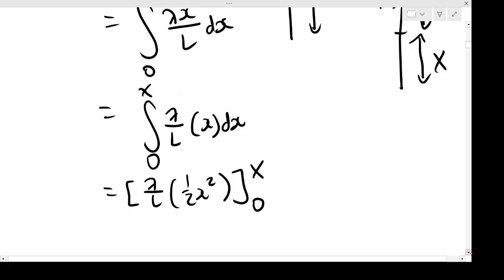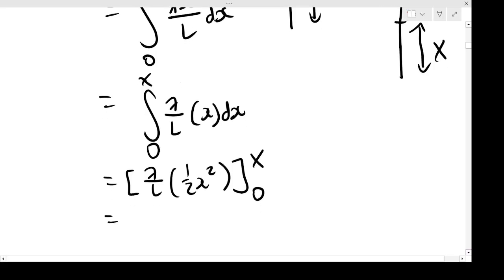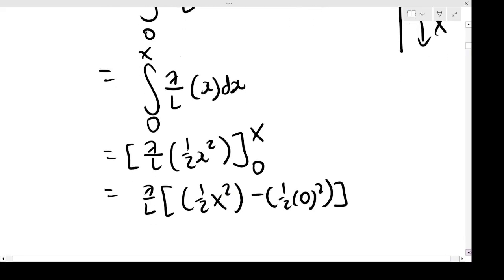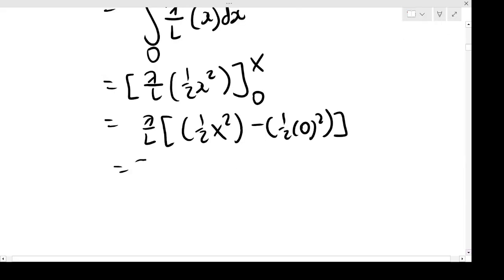Now if I sub these limits in, that's going to be lambda over L lots of a half of big X squared, take away a half lots of 0 squared. And so that just simplifies to lambda over L lots of a half of big X squared.